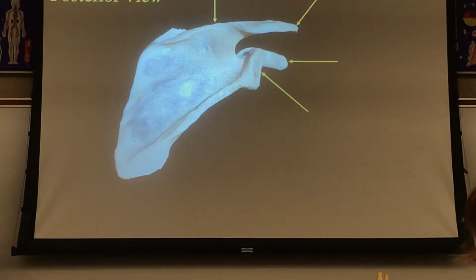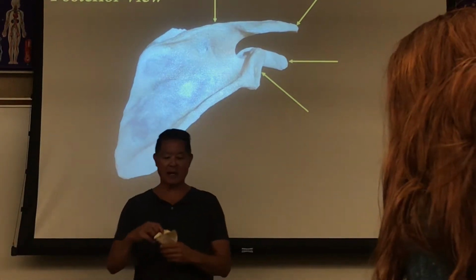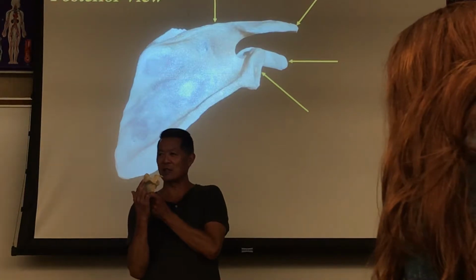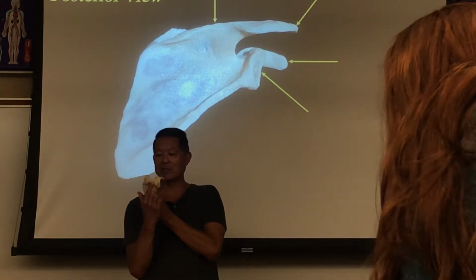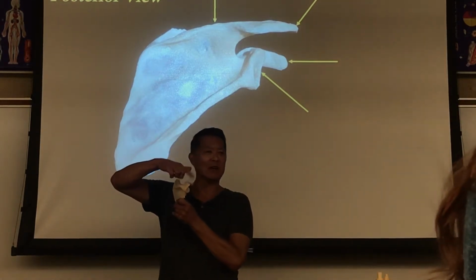What I would write next to the acromion is the lateral end of the spine. The acromion is the lateral end of the spine, so if you follow the spine out toward the glenoid fossa, that's lateral. Spine, spine, spine, ends at the acromion. Lateral end of the spine.